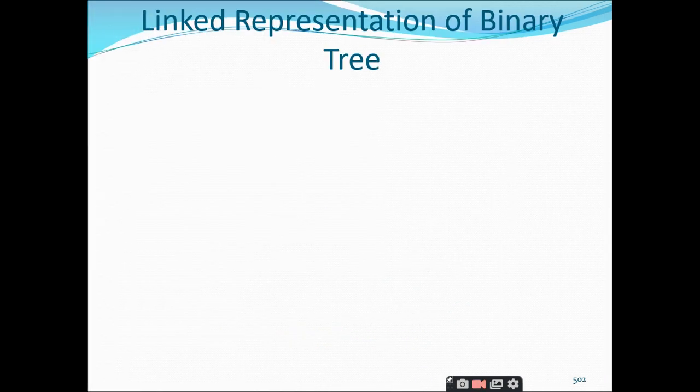Yes, sir. So this is the linked representation of the binary tree. As I told you, we are going to represent the binary tree using linked lists. We know what linked lists are. Are we going to allocate the memory for the linked list dynamically or statically? Dynamically, sir. In dynamic memory allocation, is there any wastage of memory?